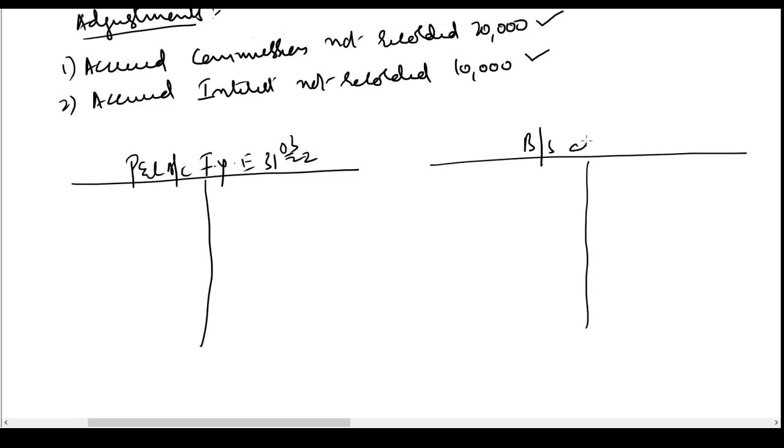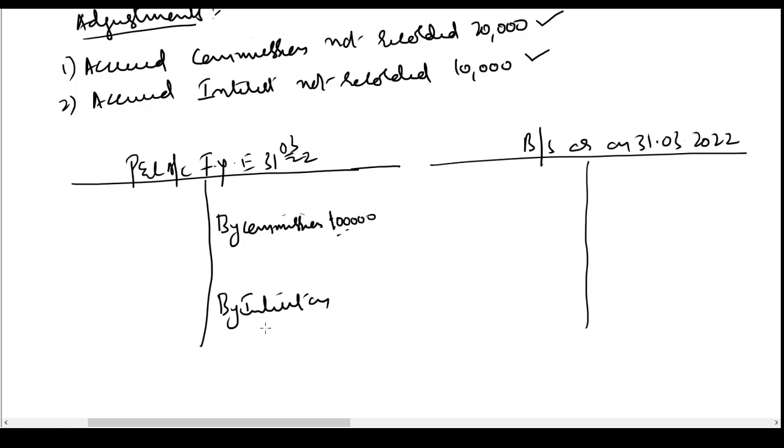Balance sheet as on 31st March 22. So in the P&L account, I'll show my income by commission, in the inner column, 1 lakh rupees, and by interest on investments in the inner column, 50,000.